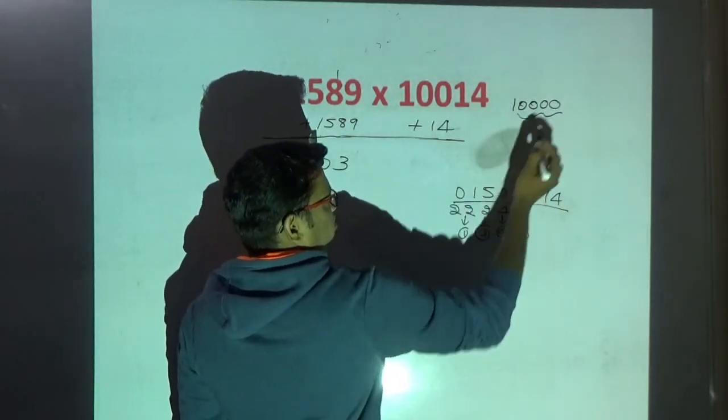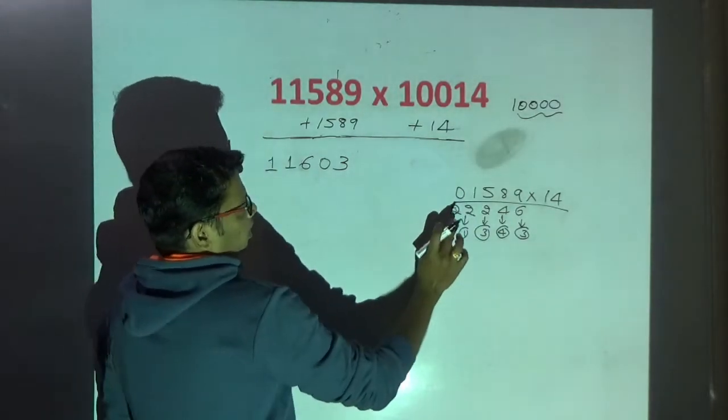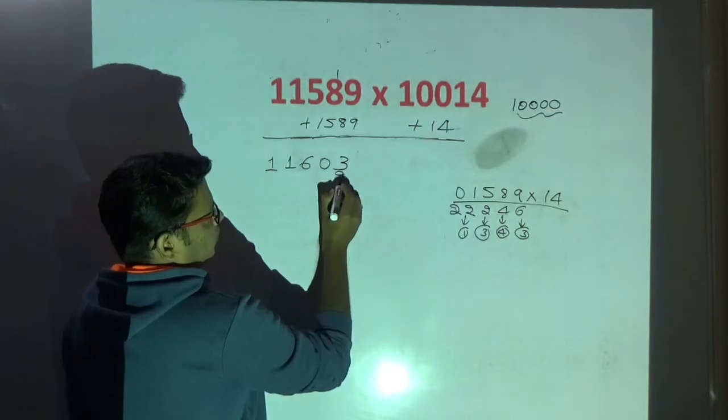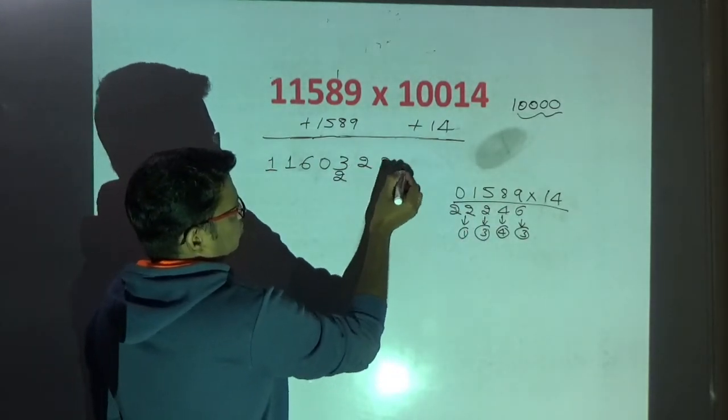It has got how many zeros? 4 zeros. But what I am getting is 5 digits. So then what you need to do, the 5th digit should be carried forward. The remaining 4 digits you write as they are, 2246.